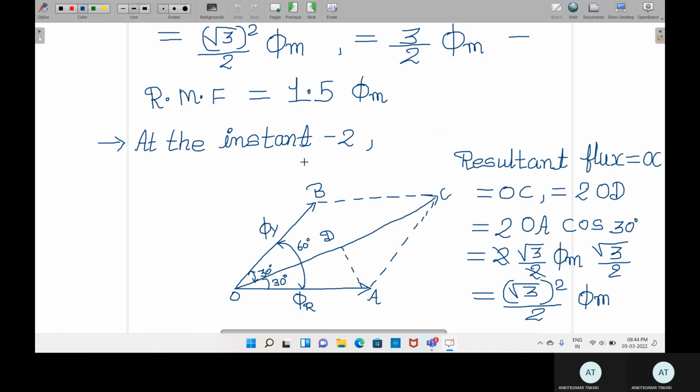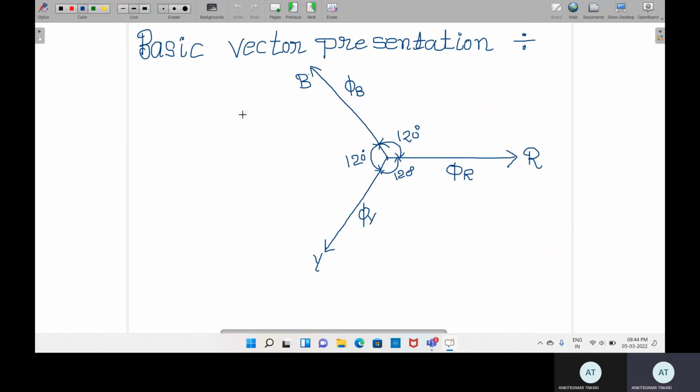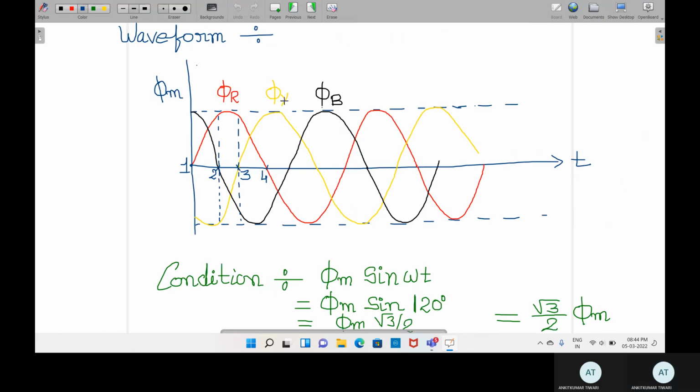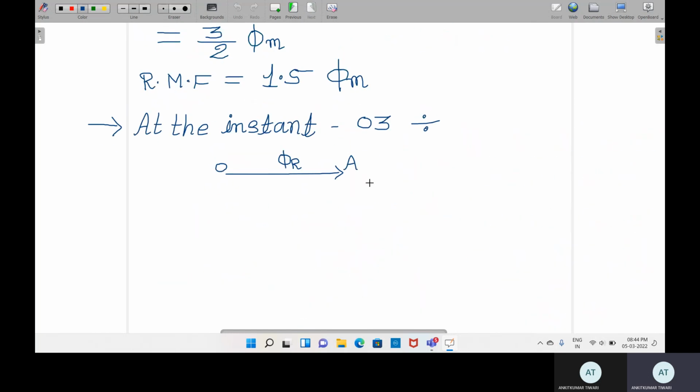Okay. Next, phi r is positive, so we have drawn phi r as it is. Now phi y is 0, so this vector will not be drawn. Phi b is negative, so this vector is drawn opposite to its position. Phi b vector will be drawn opposite to its current position. So let me draw it. So this is its opposite, OB.